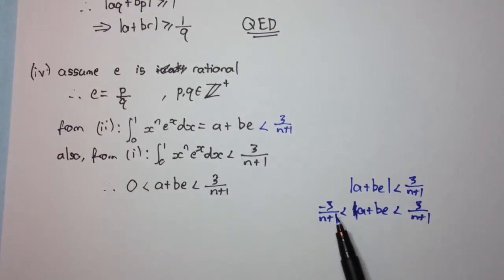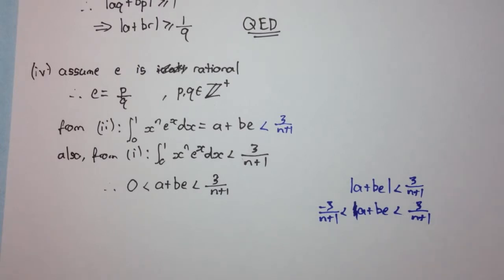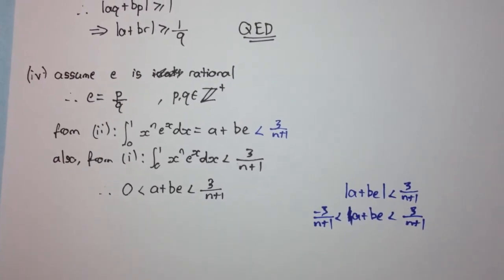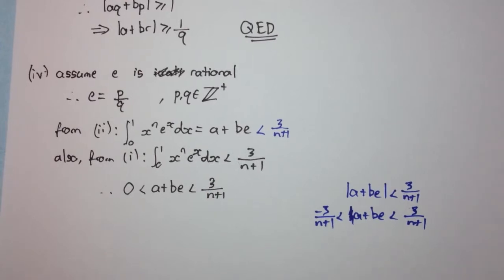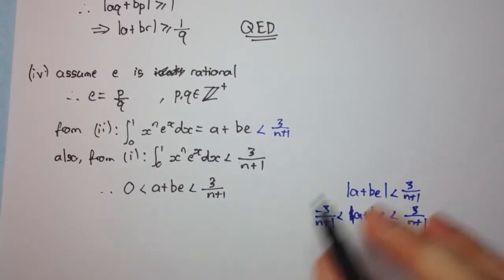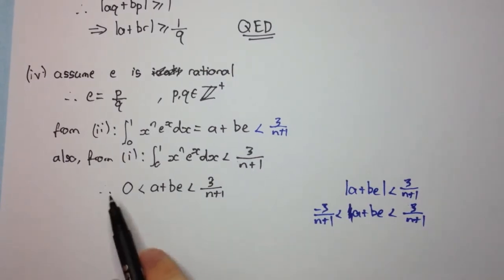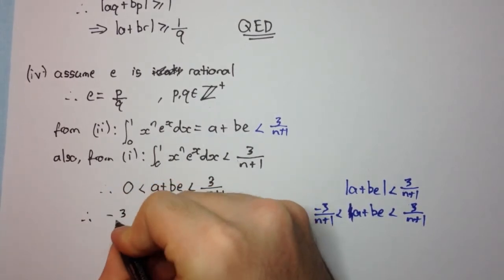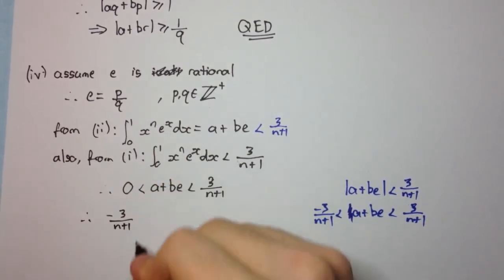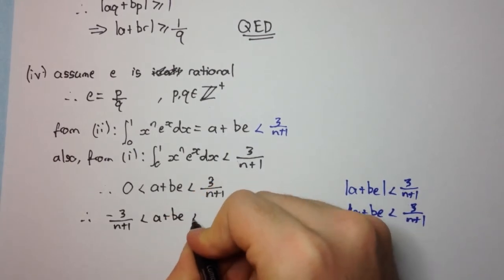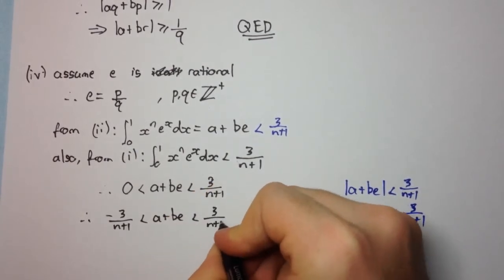Now, this here is a looser inequality than this. Here, this is a stronger inequality. So if this is definitely greater than 0, then we can be sure that it's going to be greater than a negative value. So we can say, therefore, negative 3 over n plus 1 is less than a plus b e is less than 3 over n plus 1.